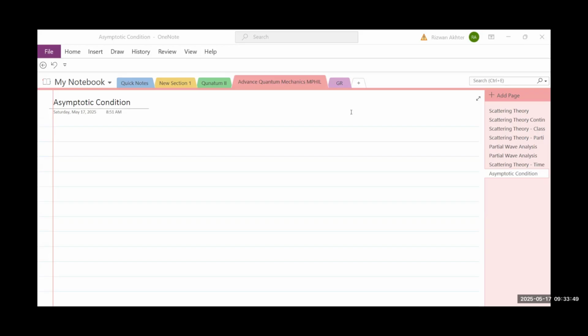So at t equals minus infinity, the free orbit is denoted by psi in, whereas at t equals plus infinity, the orbit is denoted by psi out.